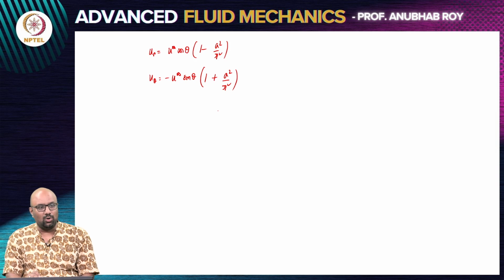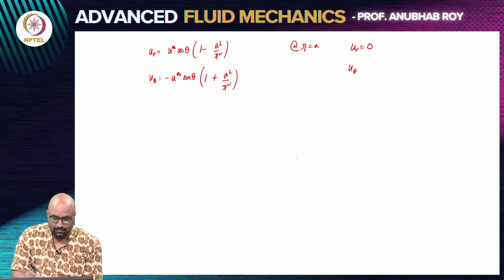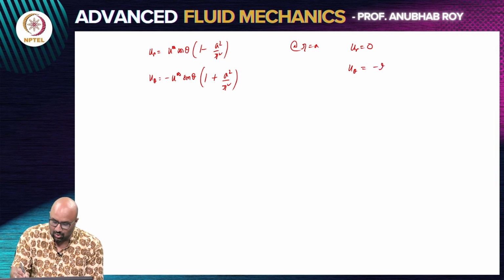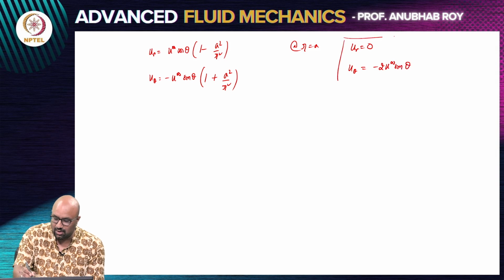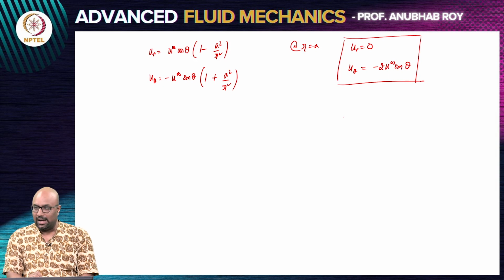Now, what is the value of U theta on the surface of the cylinder? UR is obviously 0. So, at r equals a, UR is equal to 0. That is the boundary condition. But what about the tangential velocity? So, if you put r equals a, you get that the tangential velocity is non-zero other than two specific locations.